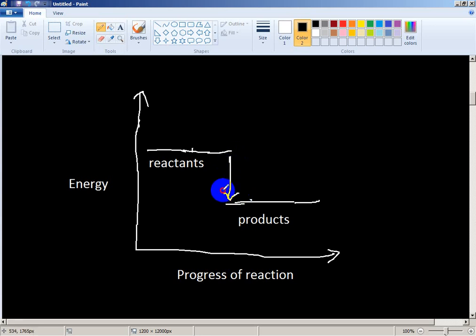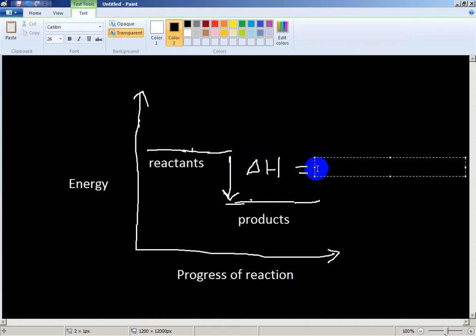The arrow is the sign. Here delta H is written. How will I write delta H here? I can write it this way. Delta H means heat is released or evolved.